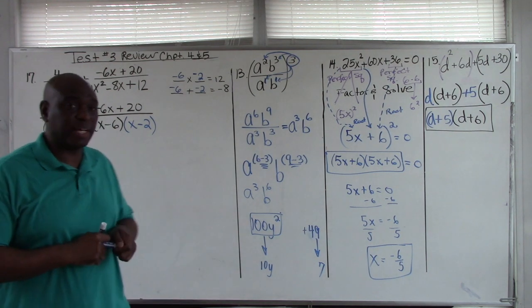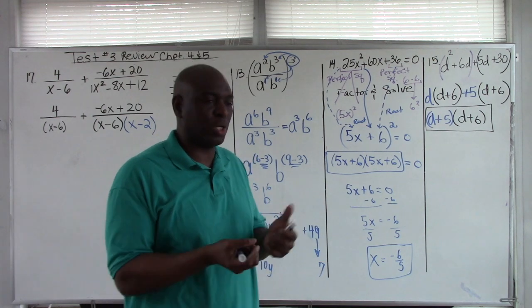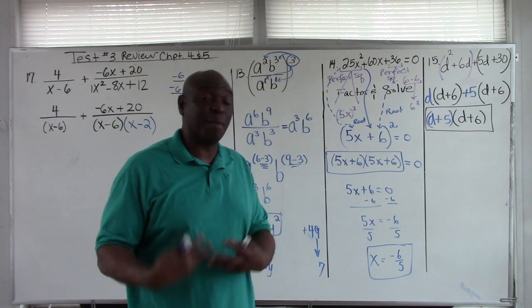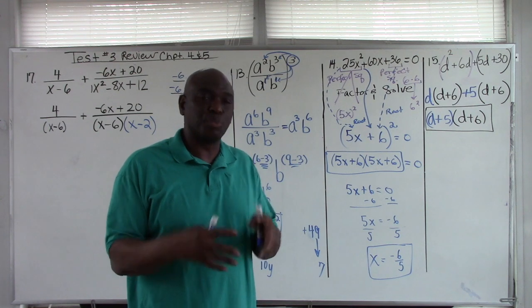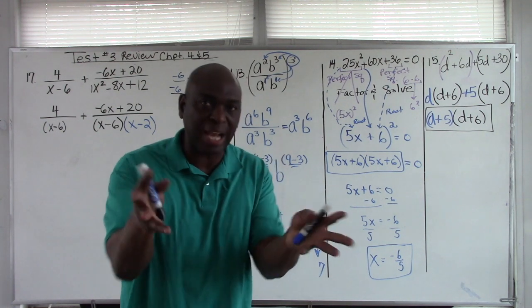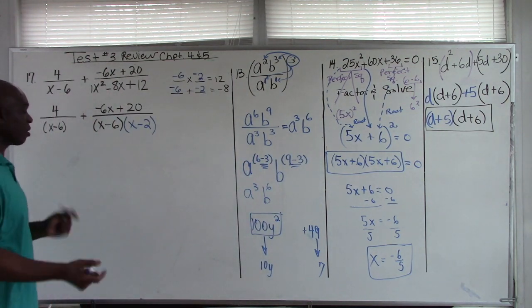We kind of simplified or factored our denominators. Now we need to find the least common denominator and use that to produce what we call equivalent fractions. Two fractions that are equivalent.